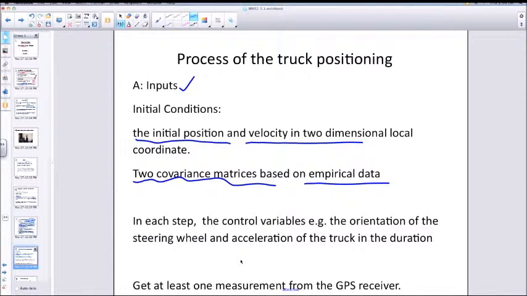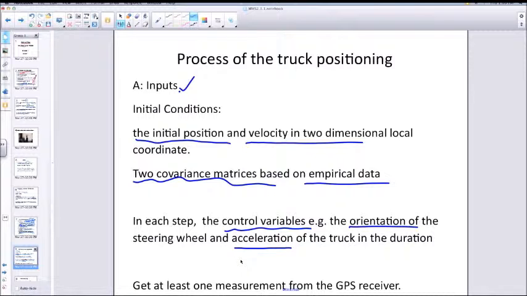For the next step, we call it the control variable, which you need to know. I'm still talking about the input, what you need to put in your calculation if you write your own program. Well, the truck needs to know its acceleration, how much the accelerator pedal is pushed down, and the orientation of the steering wheel.